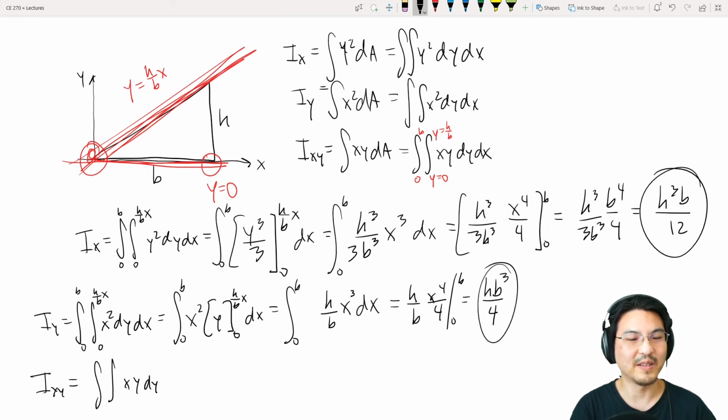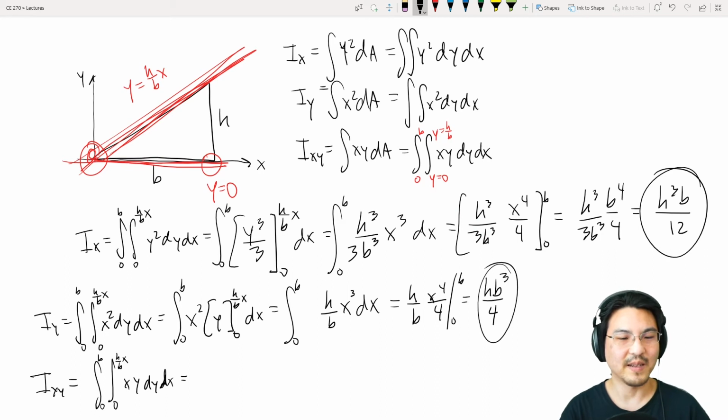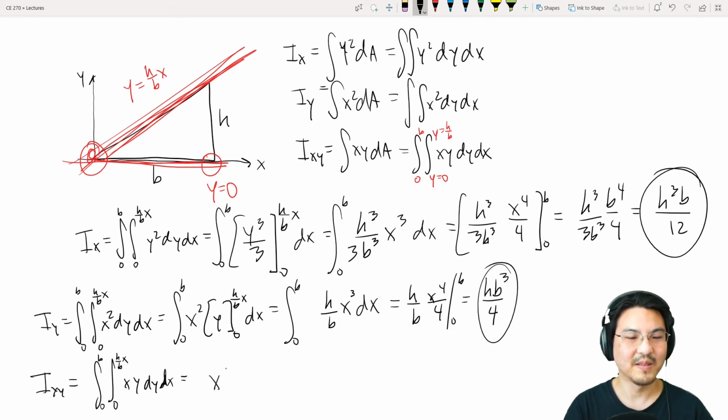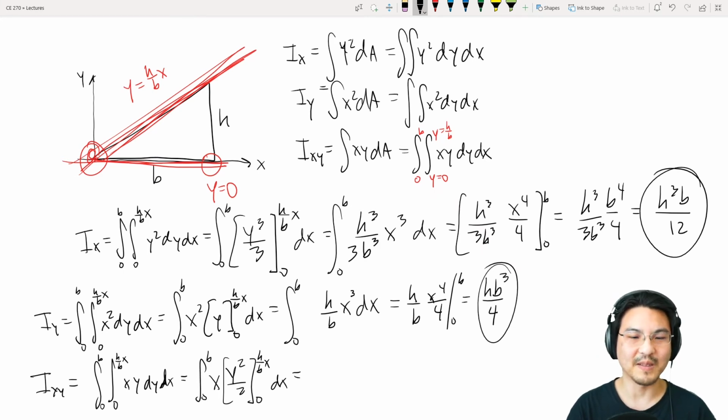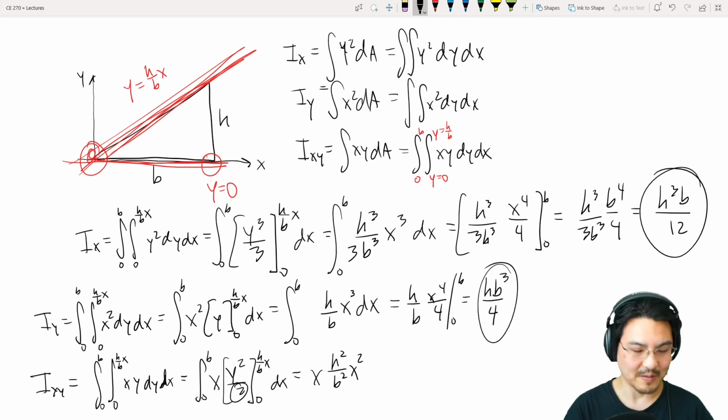Now let's do the product of inertia. x y dy dx. Let's integrate x y dy. So that's x y squared over 2 from 0 to h over b x. Let's evaluate this integral. We square it, so h squared over b squared x squared, and let's not forget that 2.